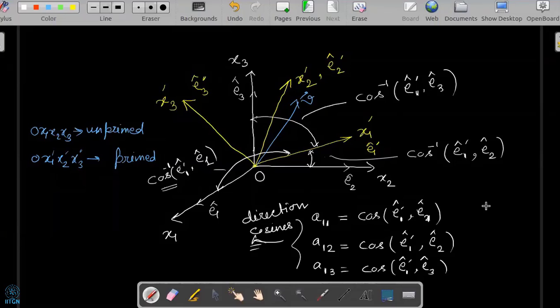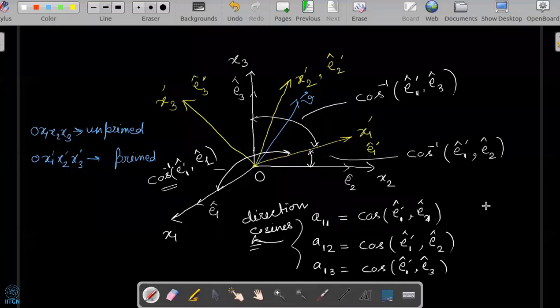I have a question. If the coordinates are transformed from x1 to x1 dash, will the tensor be invariant under the coordinate transformation, or does it depend on it? A tensor is independent of the coordinate system, but its components will depend on it.